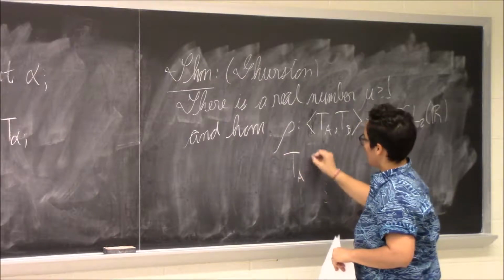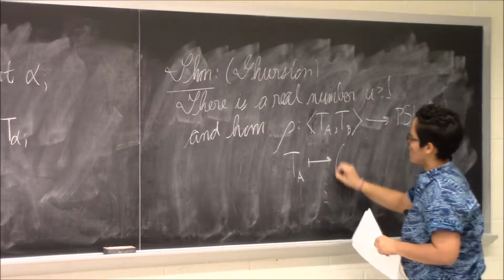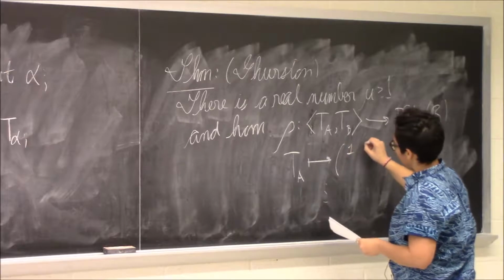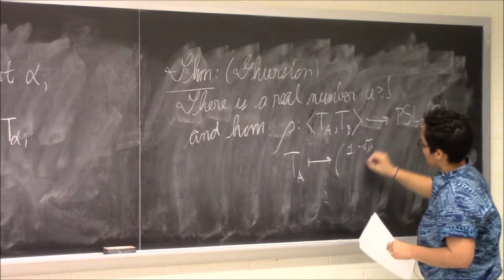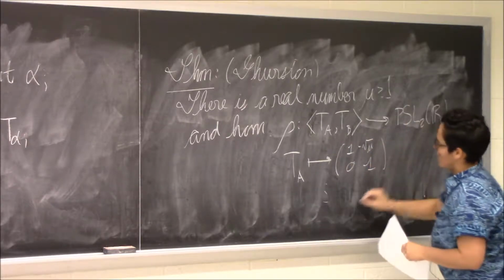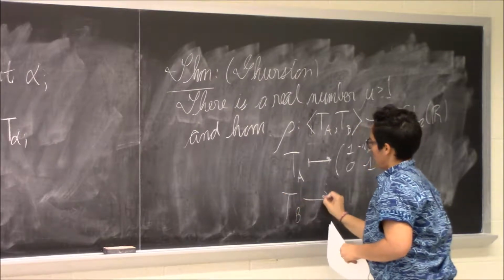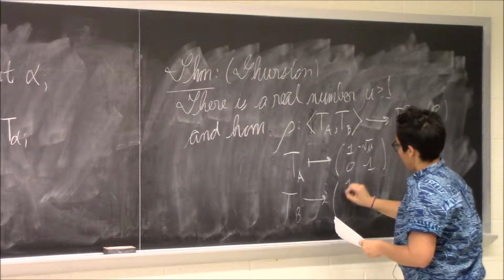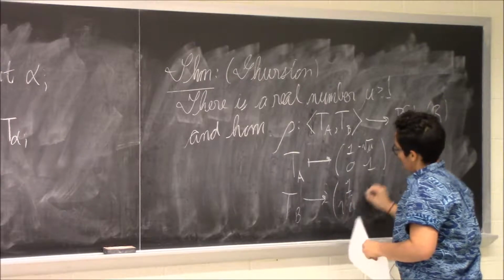We send the Dehn twist about A to just this matrix 1, negative square root of mu, 0, 1, and we send T_B to 1, square root of mu, 0, 1.